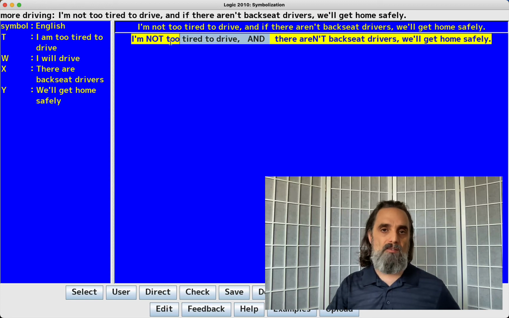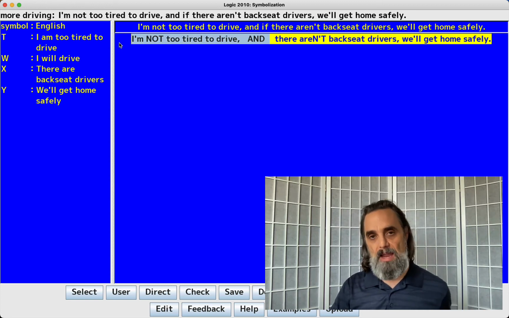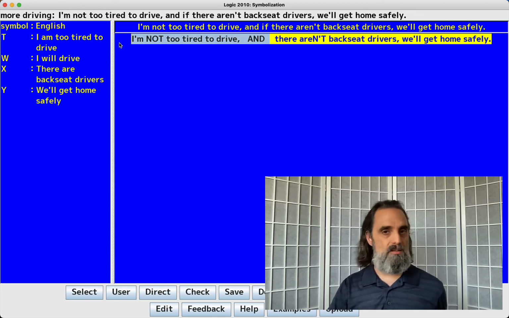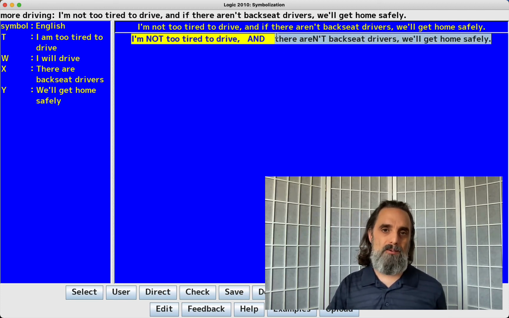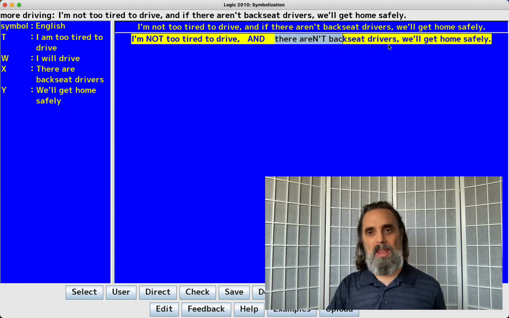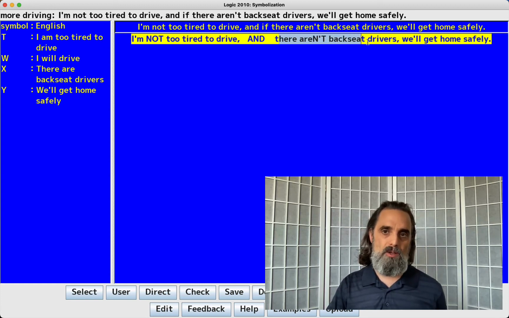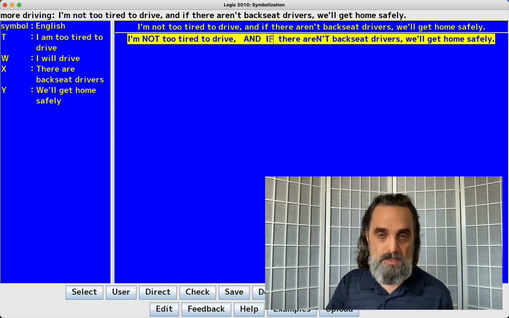But then we also have "I'm not too tired to drive and," which is not a sentence. And this whole thing is also not a sentence. So we have one sentence, another sentence, and we can't form anything big out of them, and then we're left with this gobbledygook. So we have 1, 2, gobbledygook, so that's too much. And so the if does not pass the deletion test.